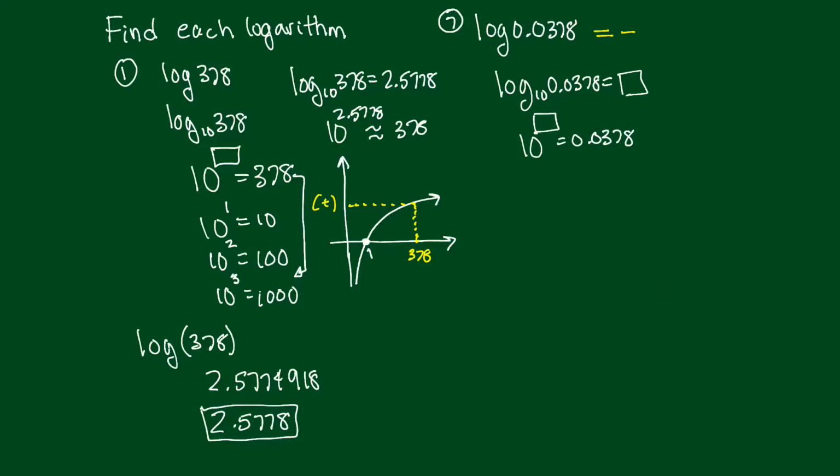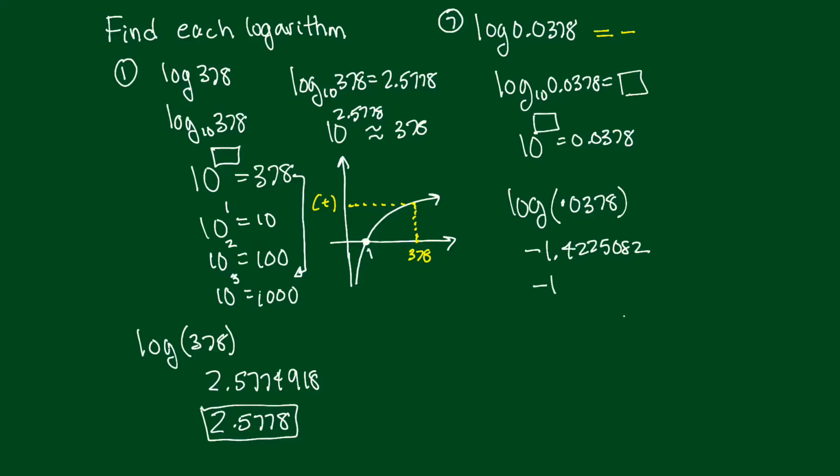Well, it's a calculator problem, so we're going to type in log, just the common log, and then type in, I think you get a parenthesis when you do it, 0.0378, close the parenthesis, and I'm getting negative 1.42258082 on my display. I'm going to round to 4 decimal digits: 1, 2, 3, 4. Okay, that's a 0, so I'm just going to drop everything else and keep the 5.